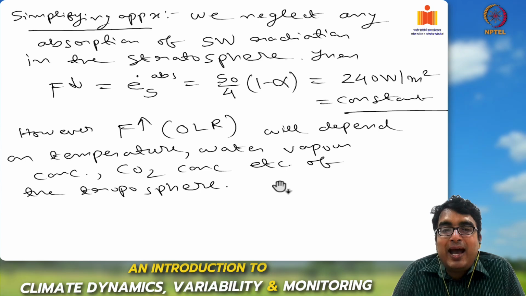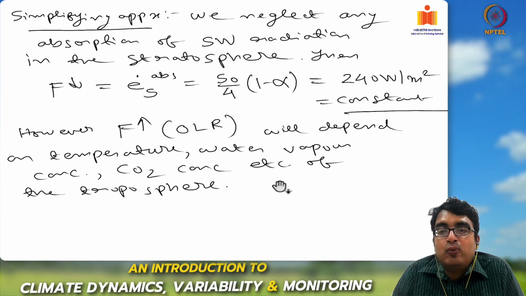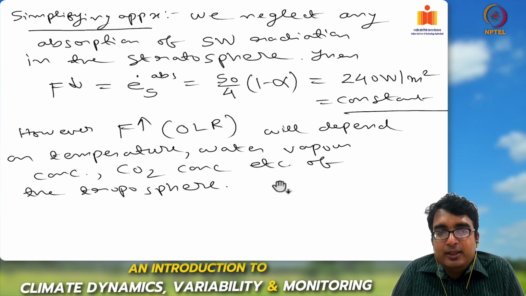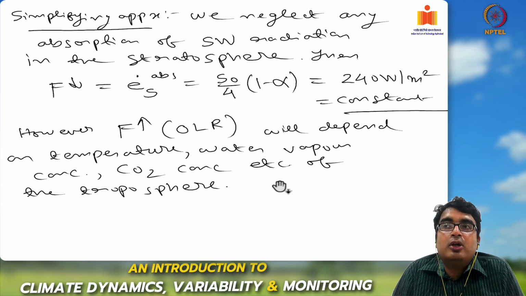And this amount, as we have seen, is 240 watt per meter square, where we have taken the albedo value alpha to be a constant. Of course, if the albedo also is changing, then this incoming absorbed shortwave radiation will be a function of this alpha, and that will be a parameter in this differential equation.